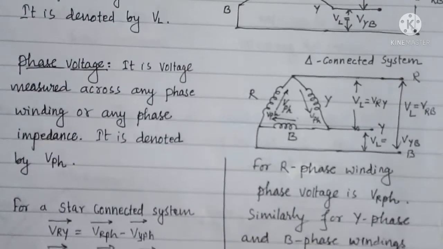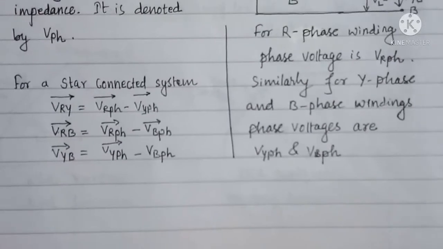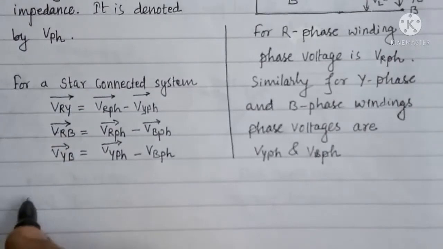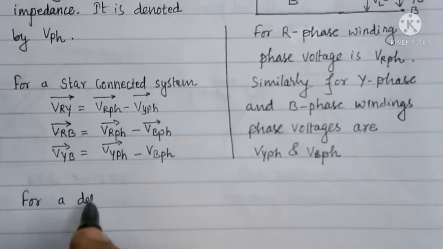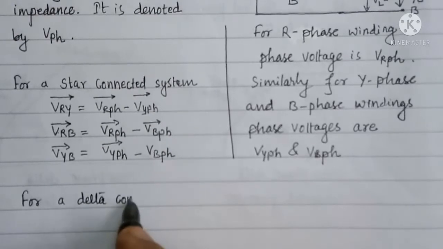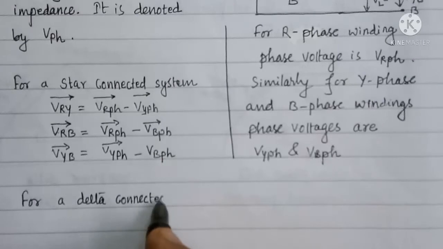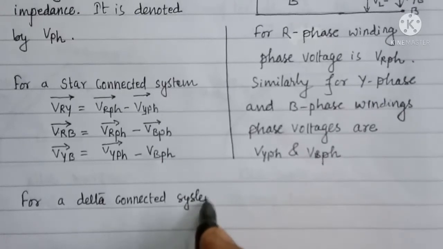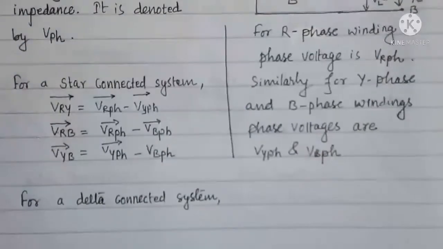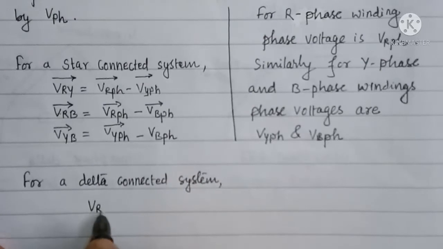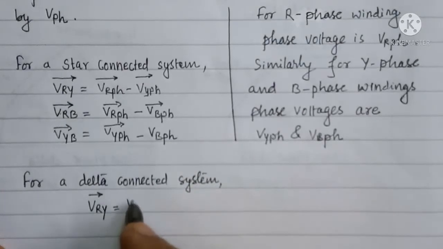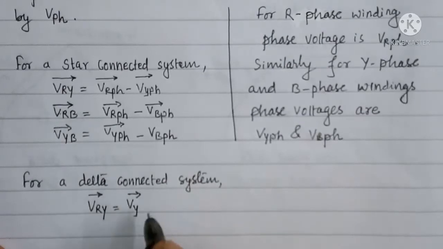Therefore, we can write for a delta connected system, VRY is equal to VYPH.